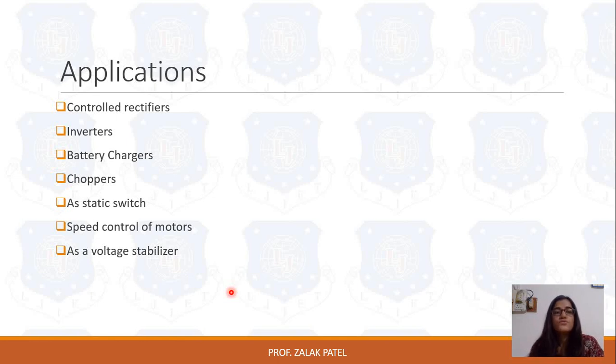We can also use it as battery chargers, or choppers, or AC switch, static switch, because it operates in a saturation region. Because of that, we can use it as a switch, as a speed control of motors, and as a voltage stabilizer. We can discuss these two applications in unit number 3 in detail, how it can be used as a voltage stabilizer and how it can control the speed of a motor.